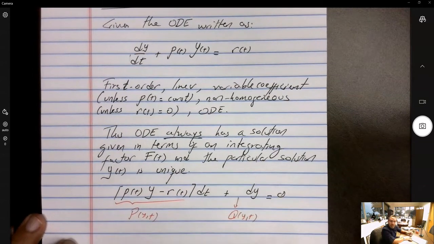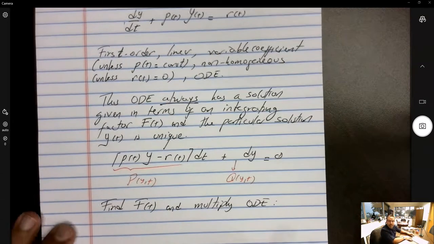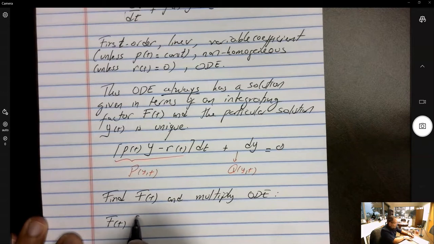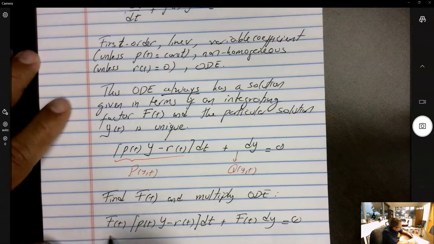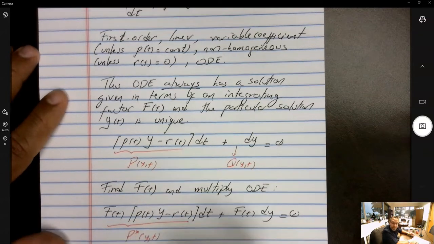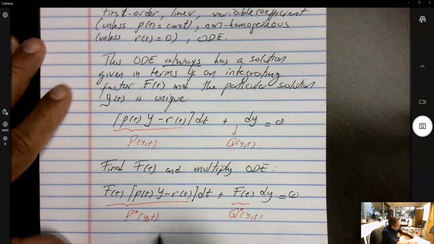But it turns out that if the equation looks like this, it comes from a linear equation, we can always find an integrating factor f of t, multiply times this thing, such that it becomes exact, such that this new P star of y and t and this new Q star of y and t satisfy dP star/dy equal to dQ star/dt.